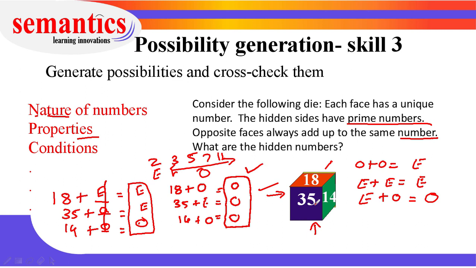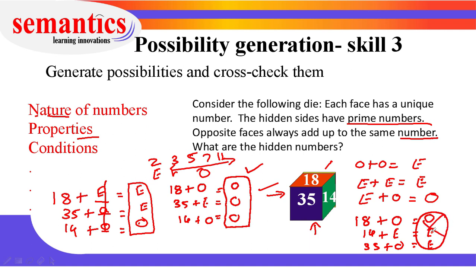Let me try the other case. 18 plus odd, 14 plus even, and 35 plus odd. Even plus odd, odd. Even plus even, even. Odd plus odd, even. It's not consistent.